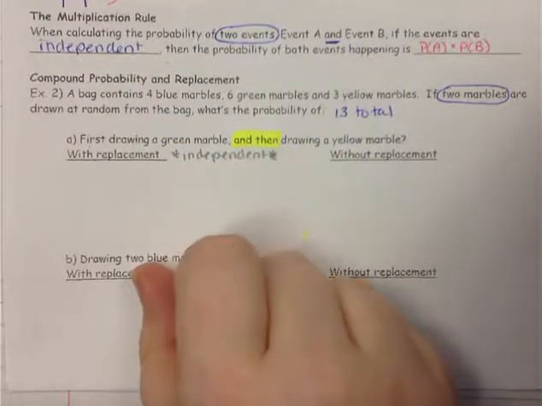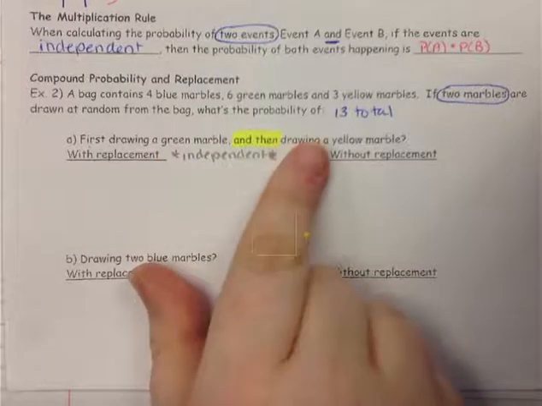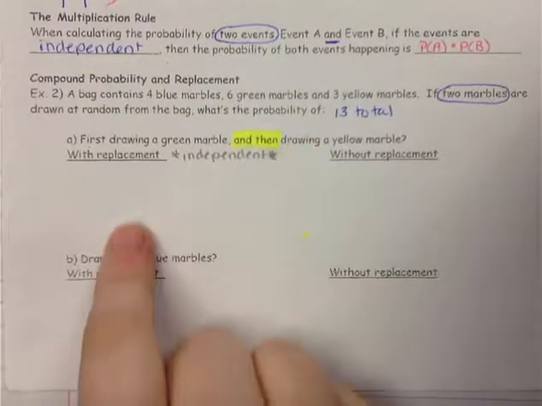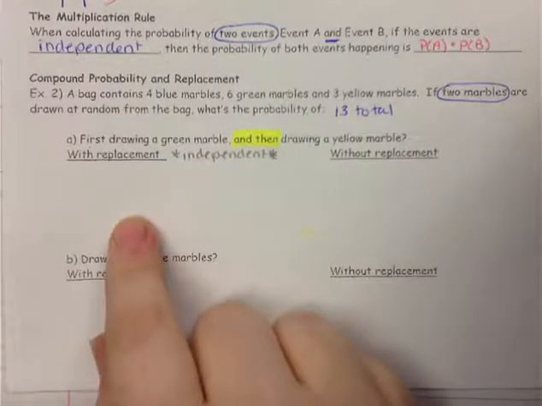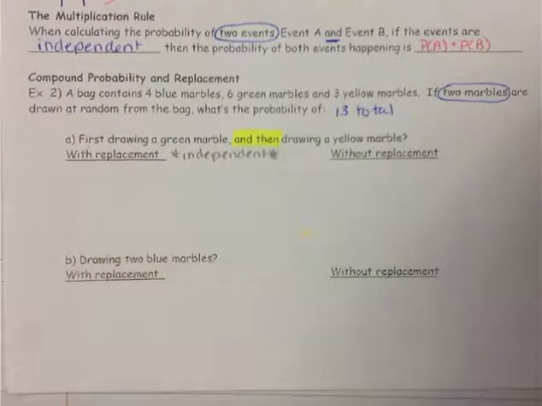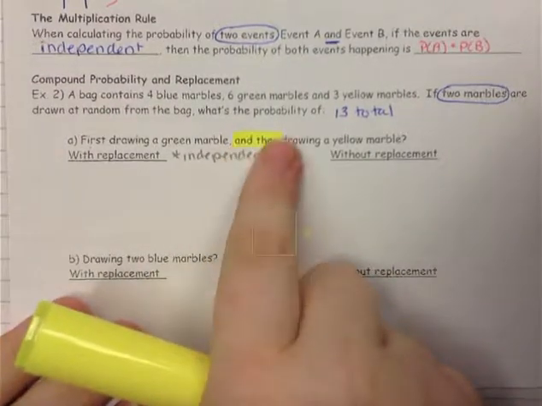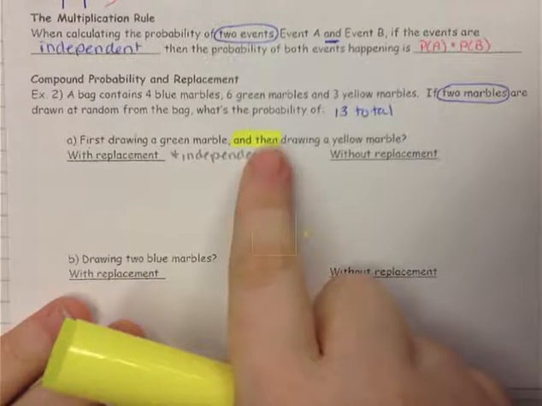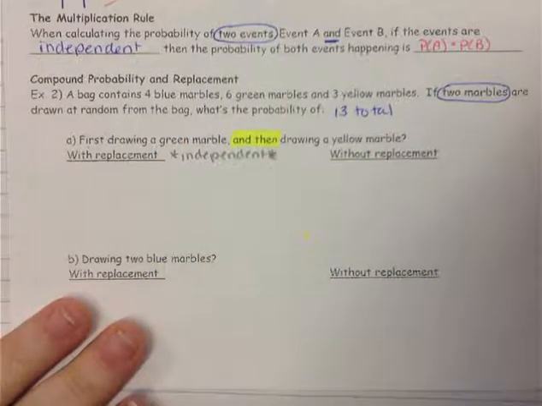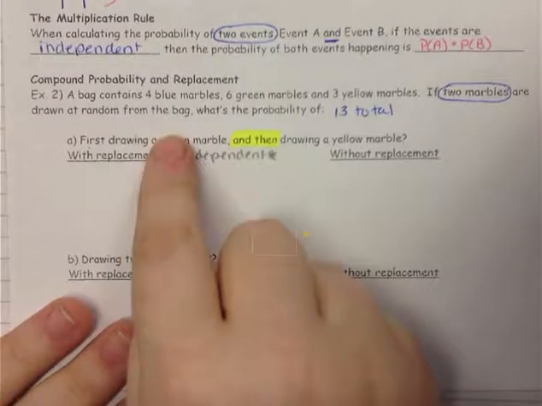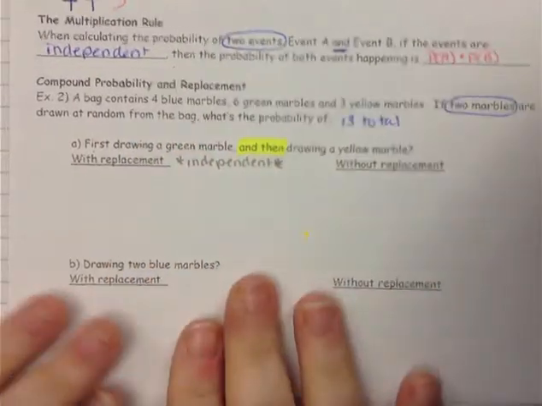If it just said drawing a green and drawing a yellow, I could have a green one first and then a yellow, or I could have a yellow one and then a green one. So I actually have 2 possibilities of that happening. But because the words say "and then," I have to have it in this specific order. My chances have actually decreased.